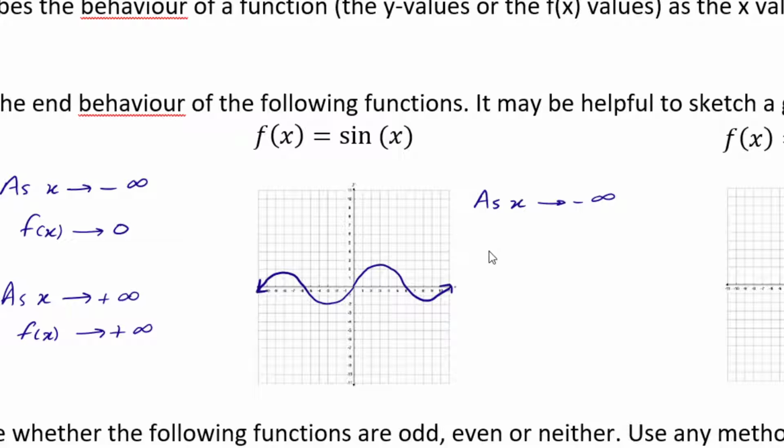So as x approaches negative infinity, there is no end behavior. Same thing can be said for as x approaches positive infinity, because the graph continues to go up and down in a periodic way.